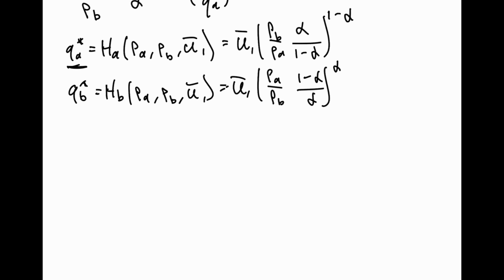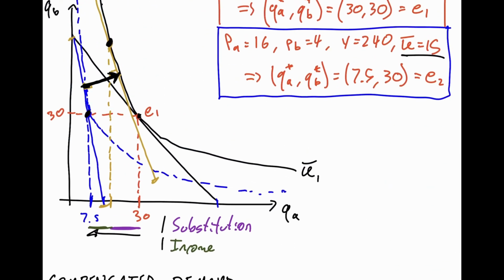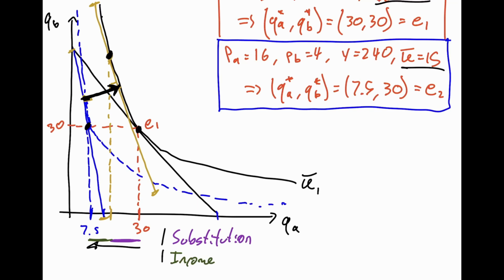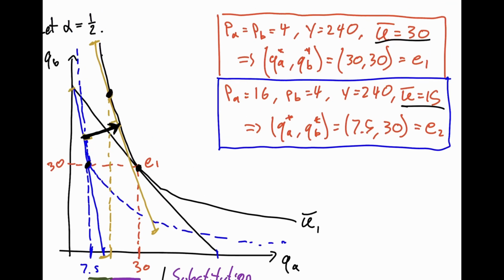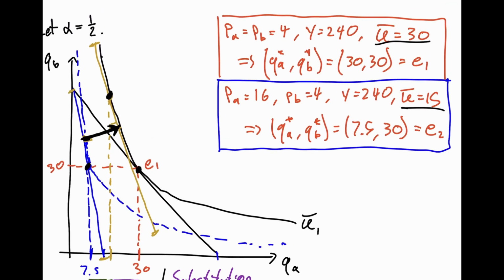So let's check our original values. So the idea is at this point, E1, we know what the utility is. That's 30. We know what the prices are. Let's check whether the quantities match.